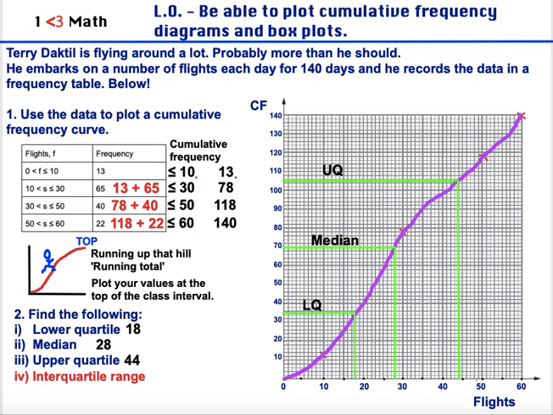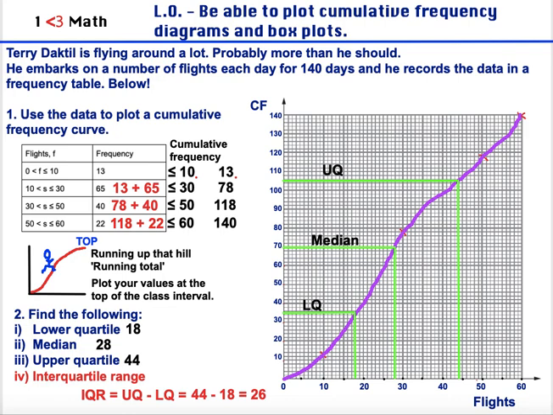The interquartile range, now the range is the biggest take away the smallest. It's fairly similar. The interquartile range is the upper quartile take away the lower quartile. So we look at our values, we've got 44 take away 18, and the interquartile range is 26. And the middle 50% of the data is within the quartiles.